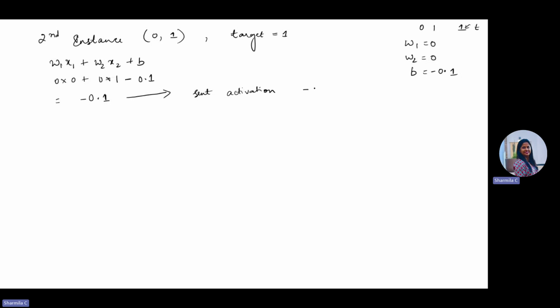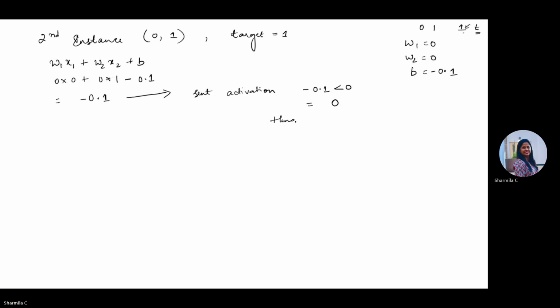So minus 0.1 is less than 0. If it is less than 0, what is the output I get from the activation function? It is 0. But the target output is 1, and the obtained output is 0.